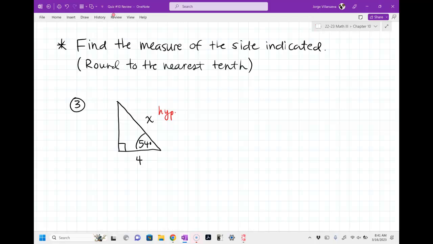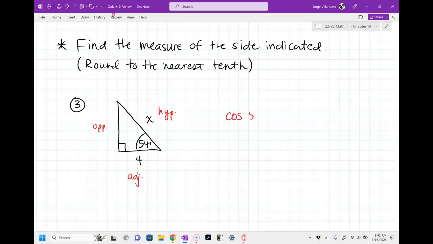You got to shoot straight across, so this is opposite to my 54 degree angle. So that makes this adjacent. Which trig function am I using if it's adjacent and hypotenuse that's labeled? Cosine, right? Cosine is the AH, adjacent hypotenuse. So I'm going to use the cosine of 54 degrees.